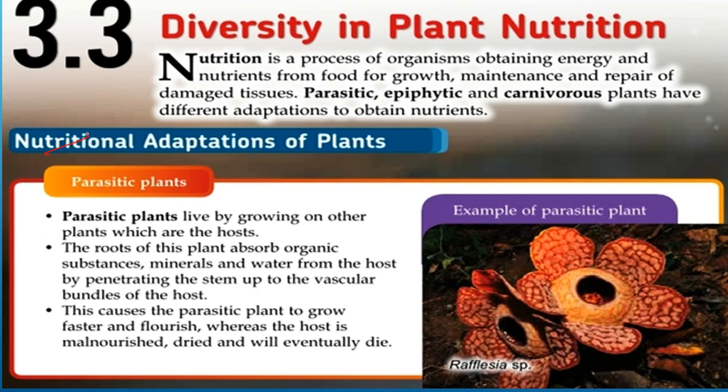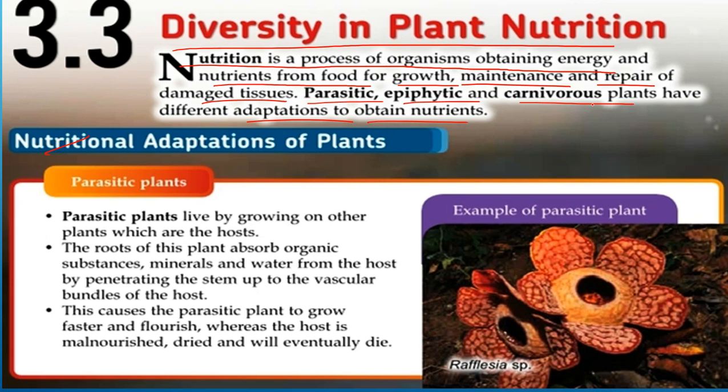Alright, 3.3, diversity in plant nutrition. So nutrition is a process of organism obtaining energy and nutrient from food for growth, maintenance, and repair of damaged tissue. Parasitic, epiphytic, and carnivorous plants have different adaptation to obtain nutrient. Okay, so apakah itu nutrition?